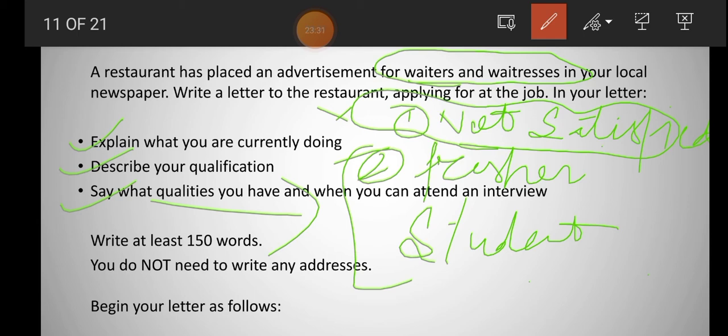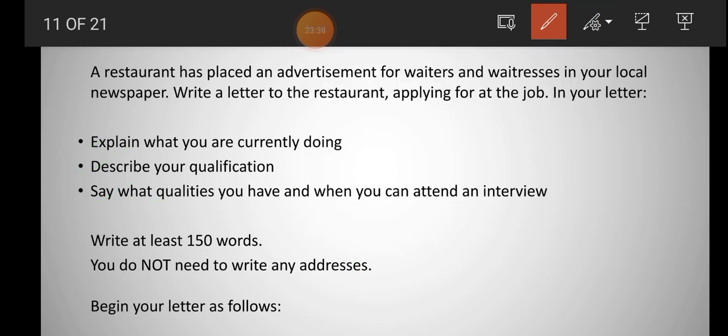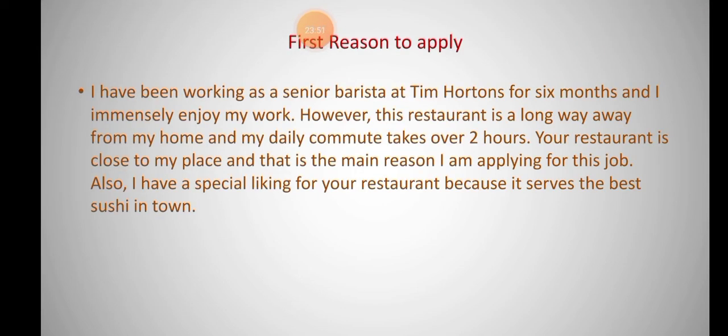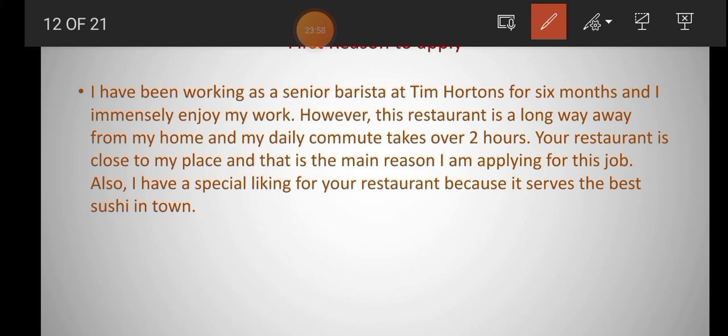So let's see how the writer explains these points and what are the important things the writer covers. I will explain it by explaining each bullet point in detail. Let's move to the next. Okay, the first one, the writer has given this reason: I have been working as a senior barista at Tim Hortons for 6 months and I immensely enjoy my work.